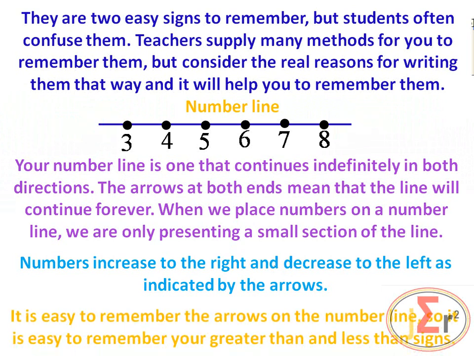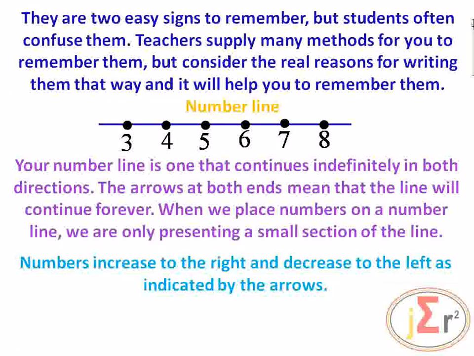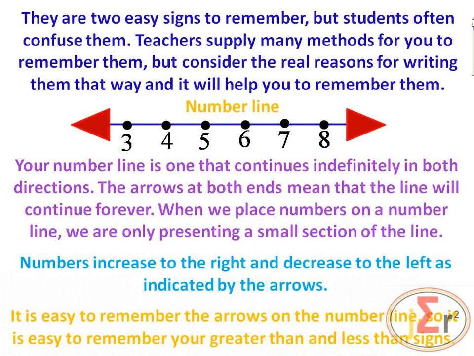It is easy to remember the arrows on the number line, so it is easy to remember your greater than and less than signs. So there we have our greater than sign and our less than sign.